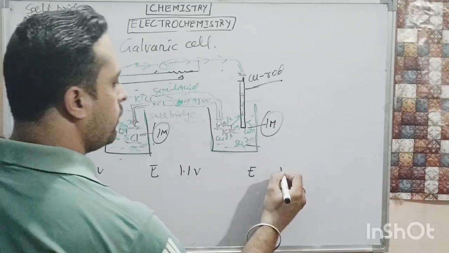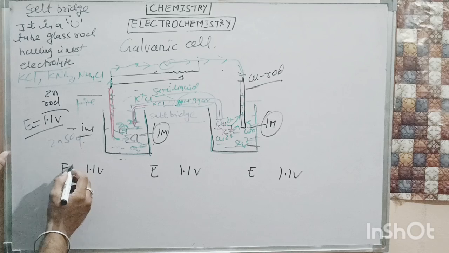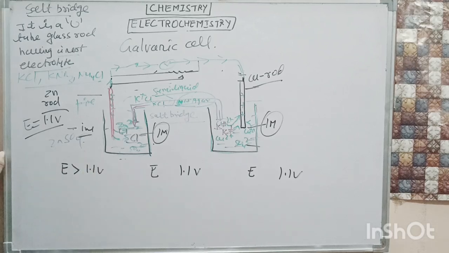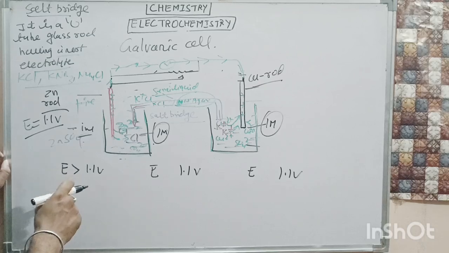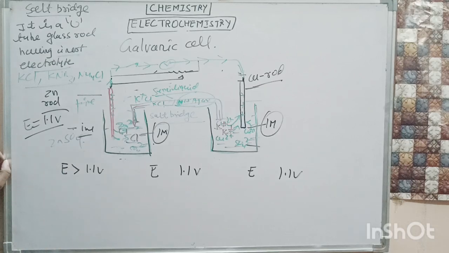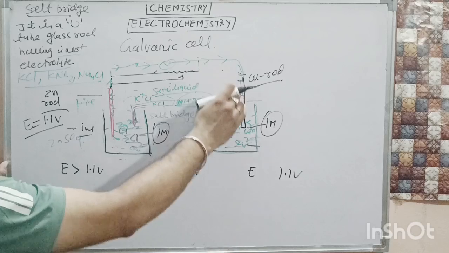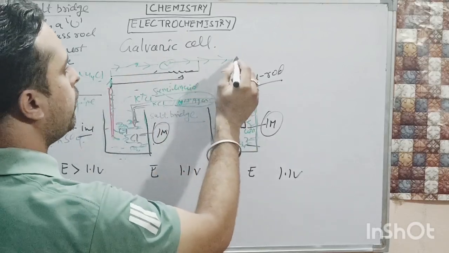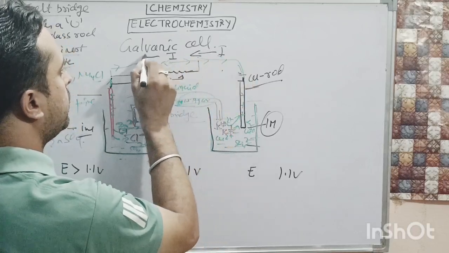If we are maintaining the value of E at 1.1 volt, what will happen? In this case, the electrons will keep on moving from zinc to copper, and the flow of current would be from copper to zinc.